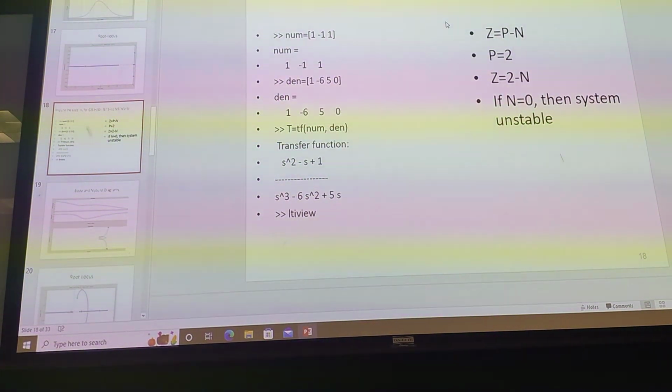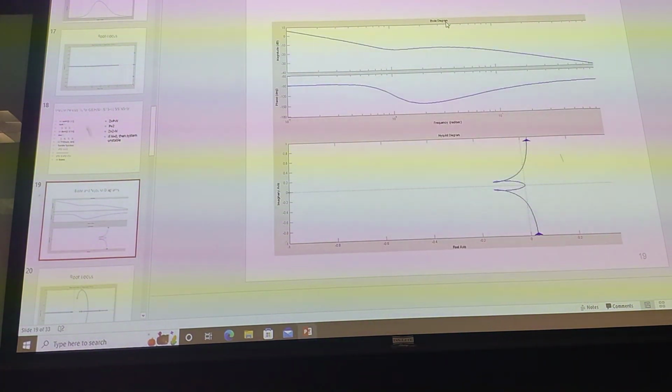Let's see what the diagram shows. The system is, as shown here, stable according to the Bode, because the point minus 1 is far away to the left. It doesn't encircle the point minus 1. And the Bode shows whatever here.